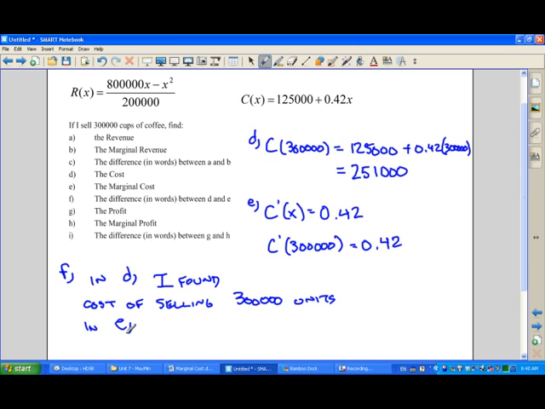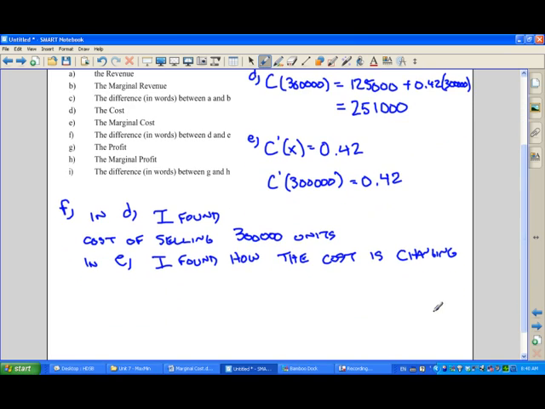In part E, I found how quickly the cost is changing when I sell 300,000 units. Now in this example, it doesn't matter for cost how many units I sell. My cost always changes by 42 cents a unit.